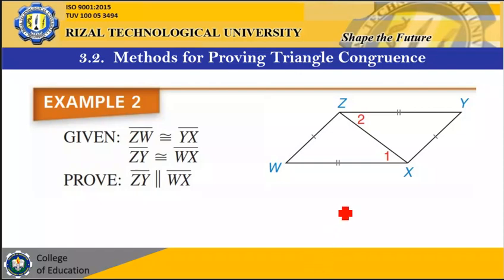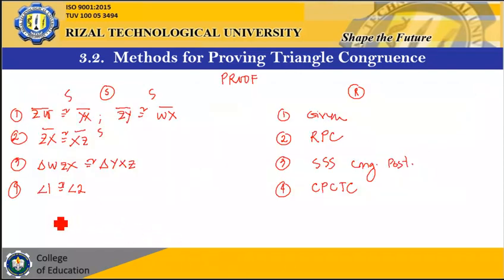Again, ZX here can act like a transversal to segments ZY and XW. So it follows that angle 1 and angle 2 are alternate interior angles. And what do we know about alternate interior angles? They are congruent.